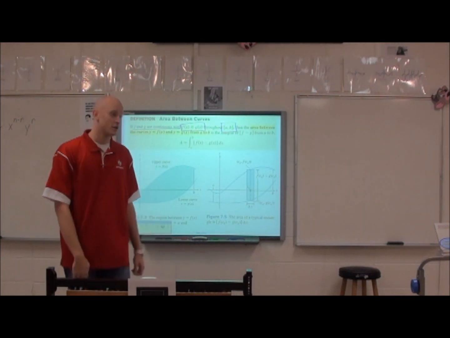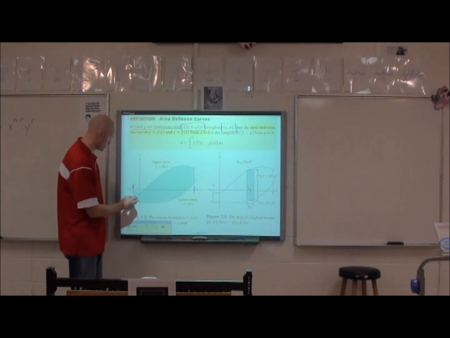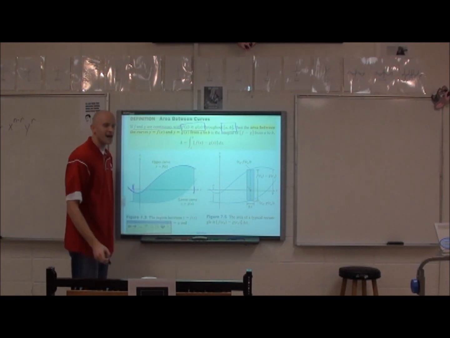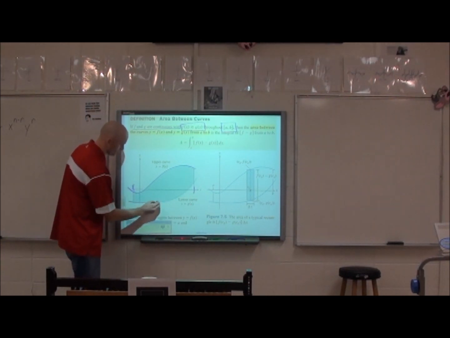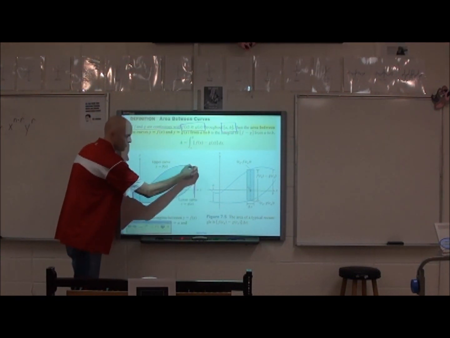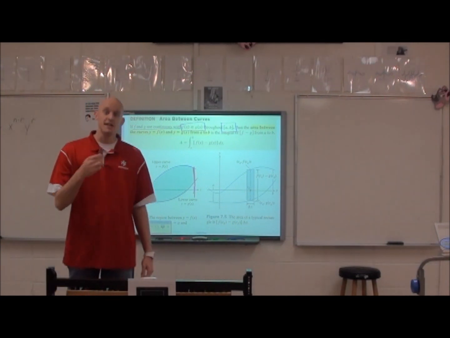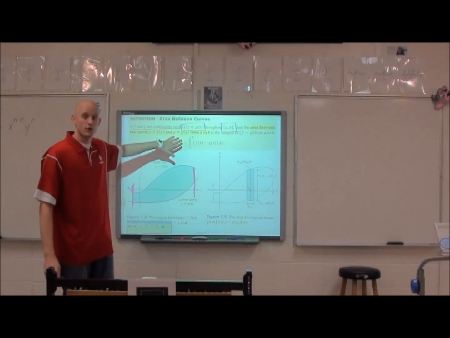So, let's put that in English very quick. From a to b, one function, and we'll call that top function f of x, has to be greater than or equal to the bottom function from a to b.